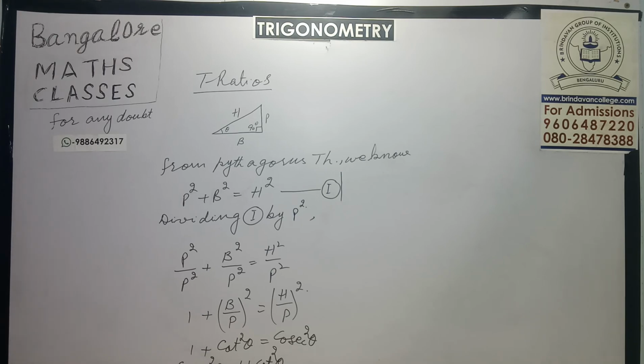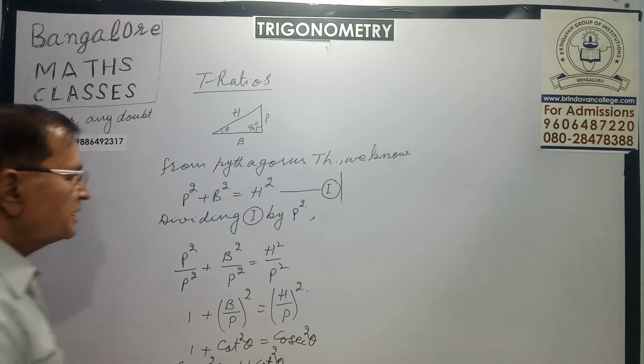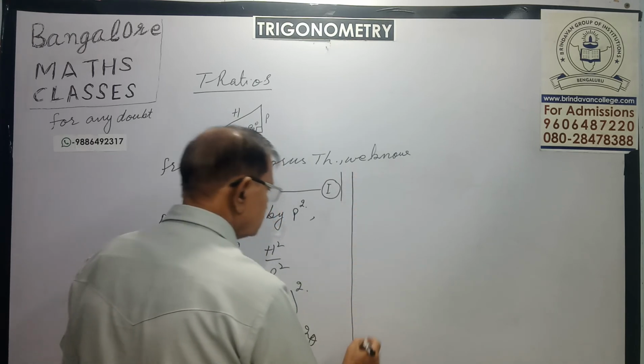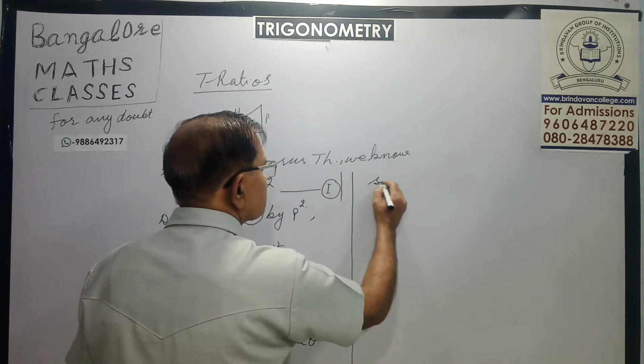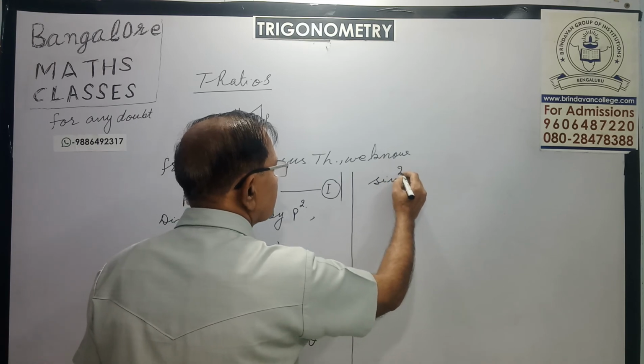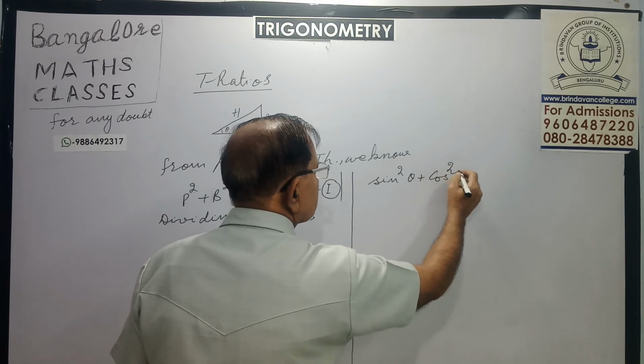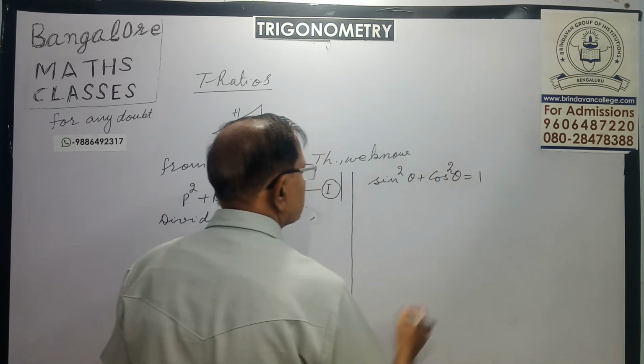So thus we have got 3 identities. First is sine square theta plus cos square theta equals 1.